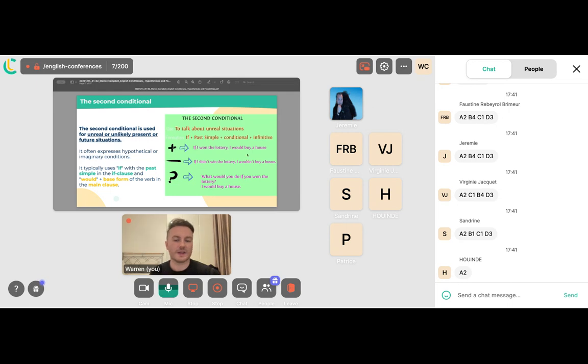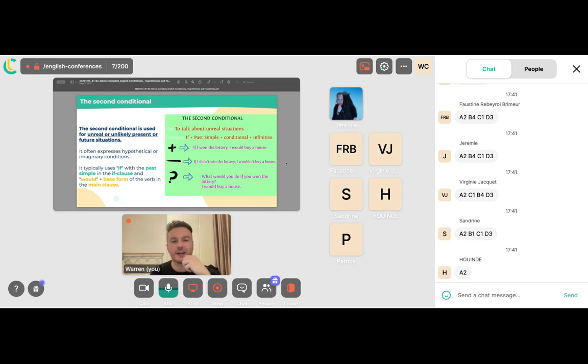And notice here in the second clause, we use would typically. Would plus the base form. For example, if I won the lottery, I would buy a house. If I didn't win the lottery, to use the negative, I wouldn't buy a house. Or in the question form, what would you do if you won the lottery?